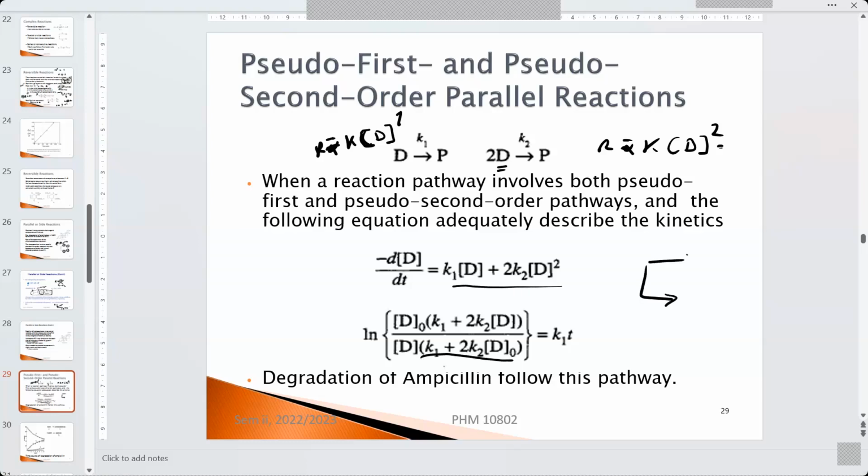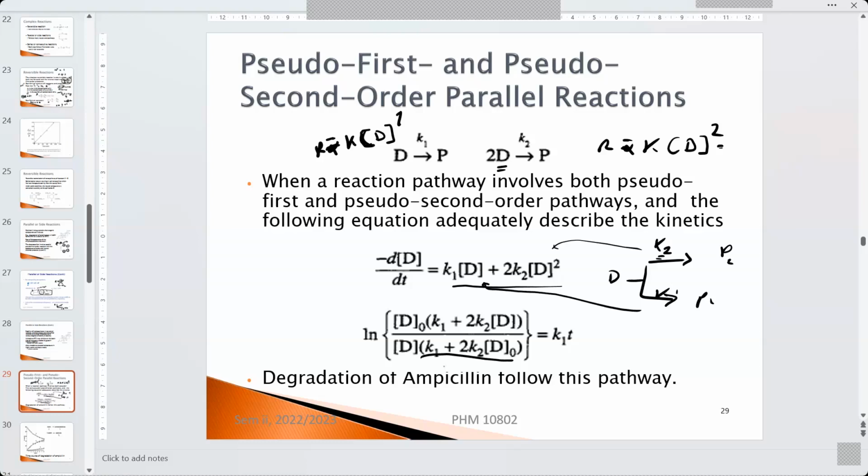It is a parallel reaction. One is second order and one is first order, and they give two products, product 2 and product 1. So it doesn't proceed according to this or this. So we call it pseudo first and pseudo second order parallel reaction.